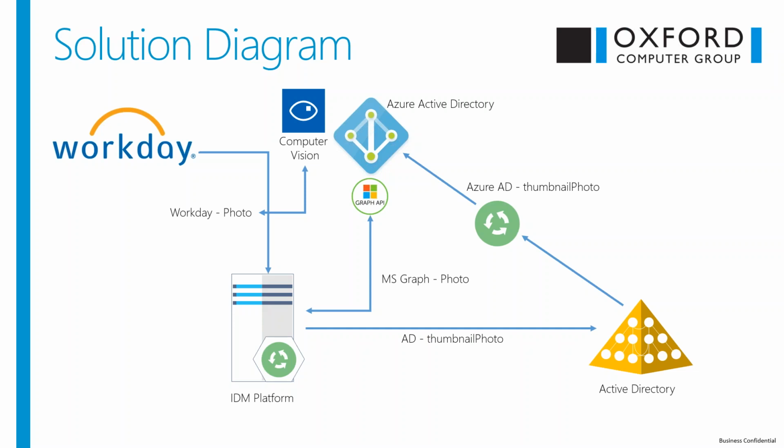And how we're doing that is we're looking at a hash of the photo that we're storing on our file server, and we're looking at the photo that we're actually getting from Workday, and we're just comparing them. That's important because every time we see an updated photo, we're going to want to make a call out to the computer vision service that you see here and get a 96 by 96 and 648 by 648 photo regenerated.